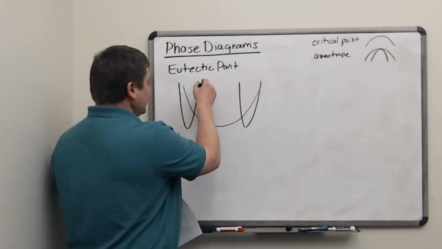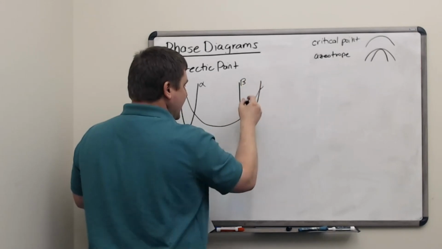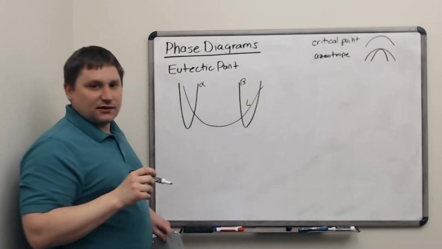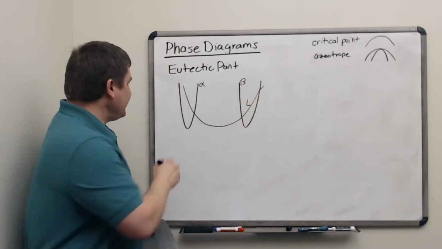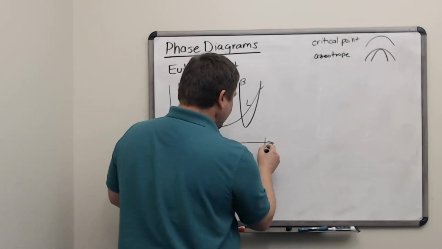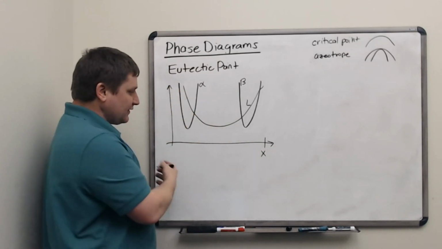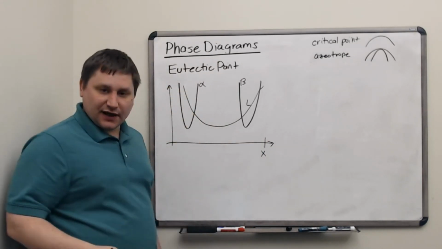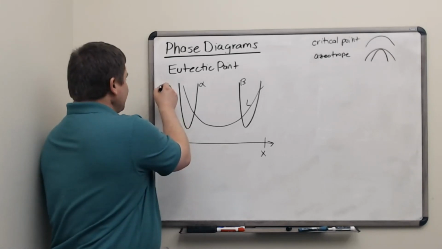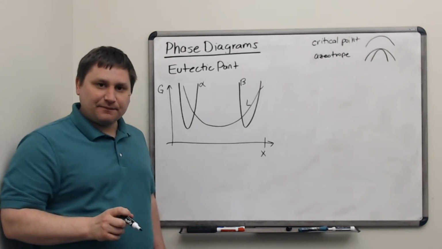Usually these are called an alpha type crystal, a beta type crystal, and a liquid curve. So these again would usually be found in discussions of metallurgy, where you're making an alloy with a certain composition of one metal versus another. And these would be plots of the Gibbs free energy versus composition percentage.